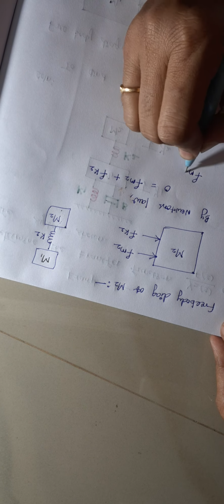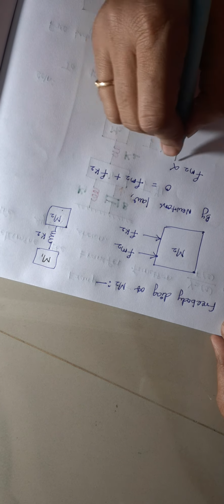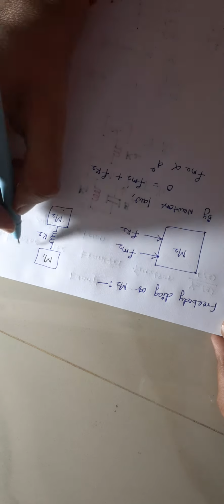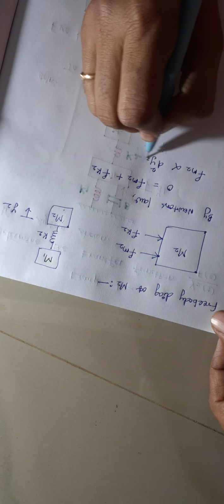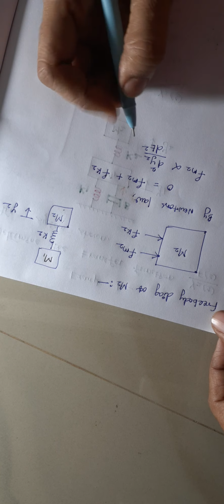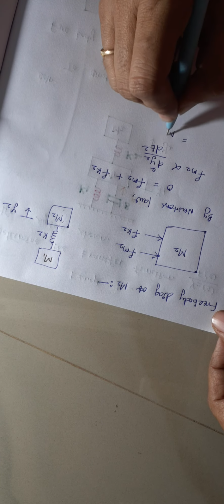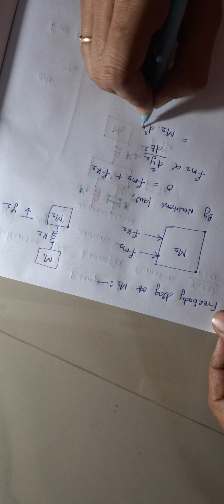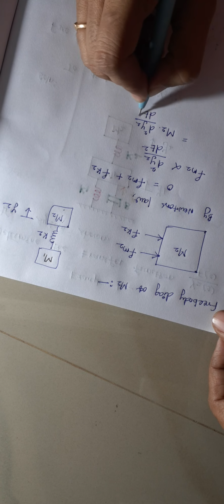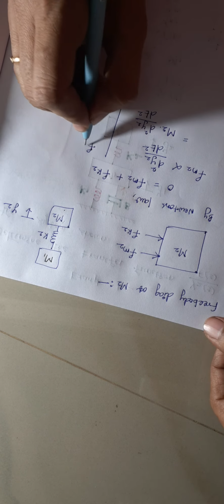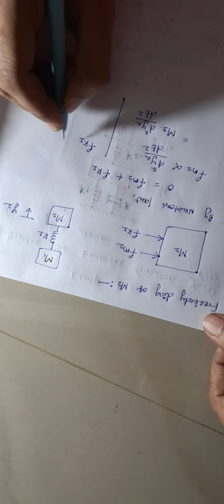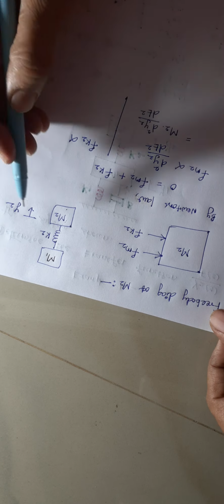While writing the expression, f m2 is directly proportional to d square of the respective displacement, which is given as y2, so d square y2 by dt square. When you insert the proportionality constant, this expression becomes m2 into d square y2 by dt square.